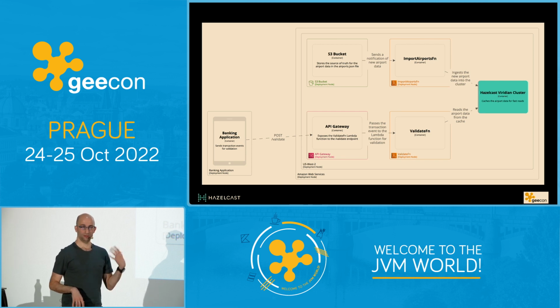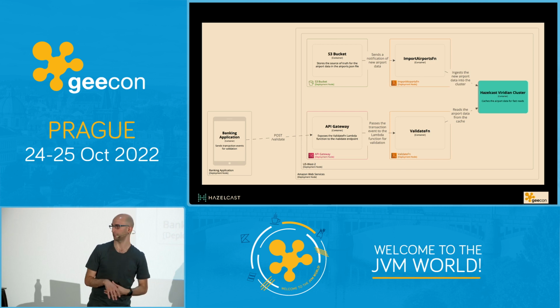So the Viridian solution essentially is a cloud-based solution, which means you don't need to spend your time on the configuration side of it. You just need to connect it to the cloud, and this will handle it for you. Once you have it in the cluster, you can import your data. So you can import airports data, and you can import transactions data.